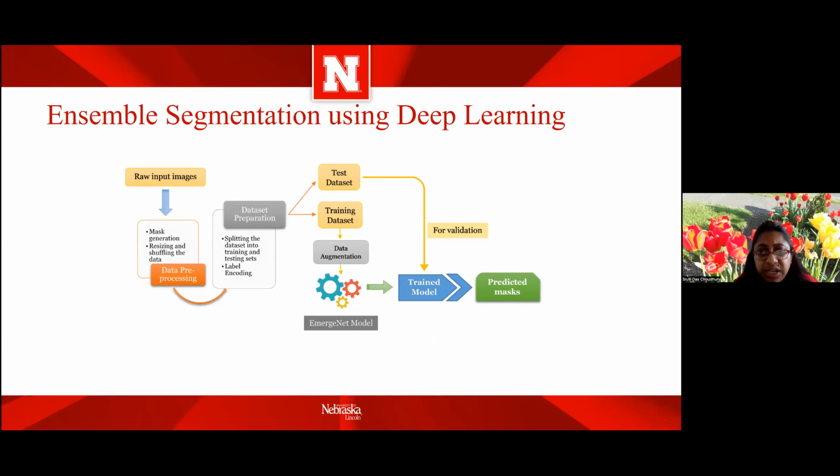We have data augmentation. Basically, the innovation is the ImageNet model that I'm showing here. It is a training and testing model, which is pretty much the same as for all other models. But the ImageNet is the invention here, where we have created an ensemble segmentation model by augmenting the loss function so that it can adapt to the challenges of segmentation I just mentioned.